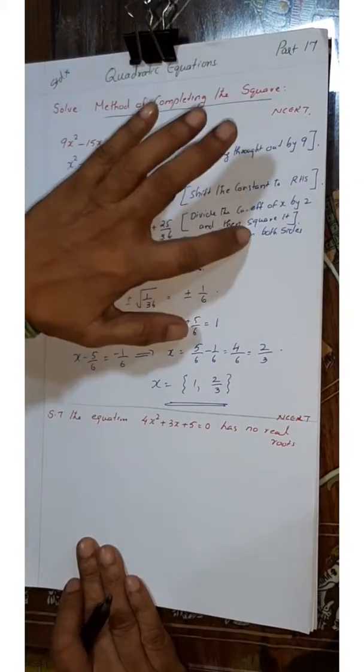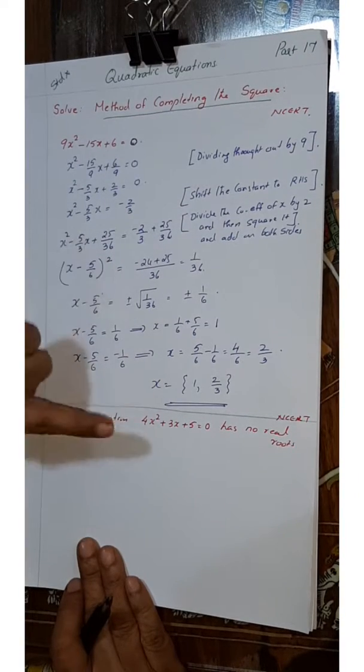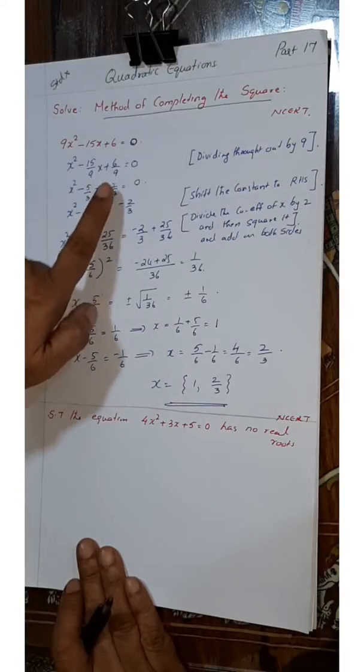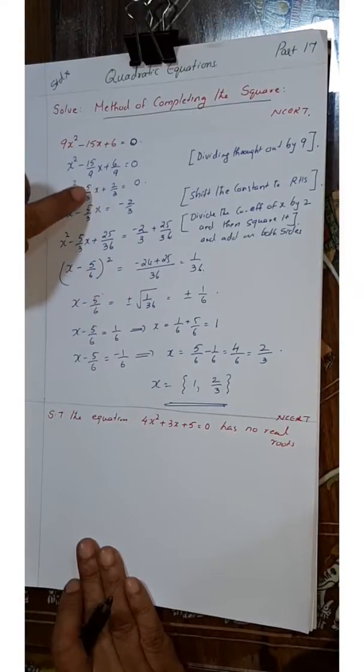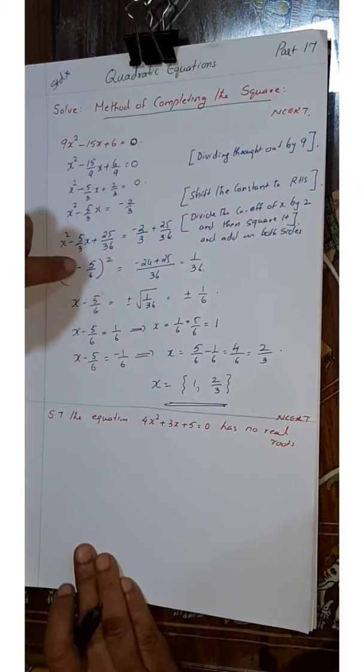So just follow these steps, and it is very easy to get the answer. First you have to make the coefficient of x squared as 1. So divide throughout by the coefficient of x squared, then shift the constant to the right hand side, then divide the coefficient of x by 2 and square it, and then add that number on both sides. So you will get a perfect square.